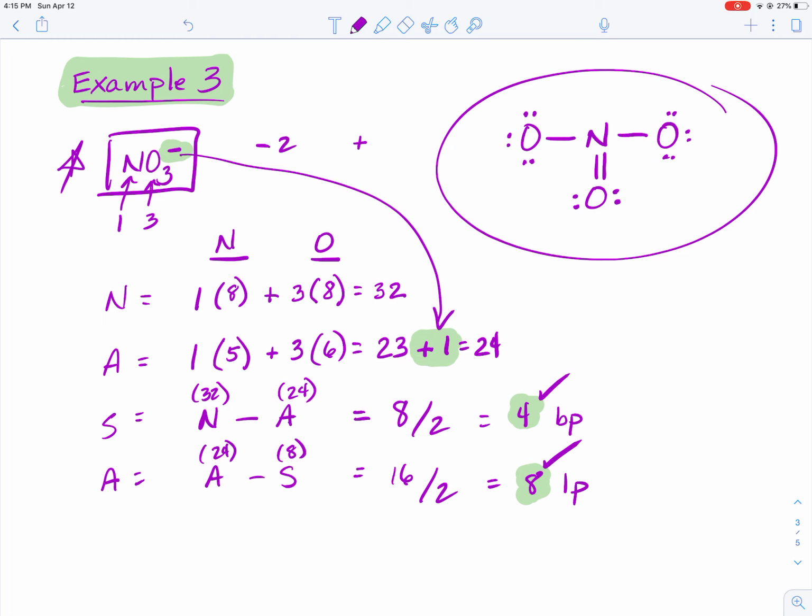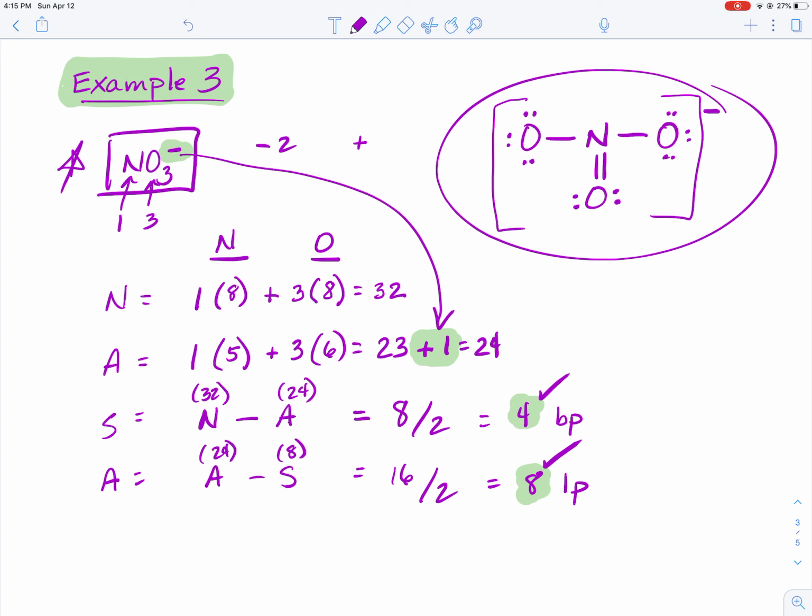And the easiest way that we've found to do this is just bracket the whole structure, and then outside on the top right hand corner of the structure put the charge. And so that's how we would draw the Lewis dot structure for NO3 minus, with the bracket and the negative charge on the outside.